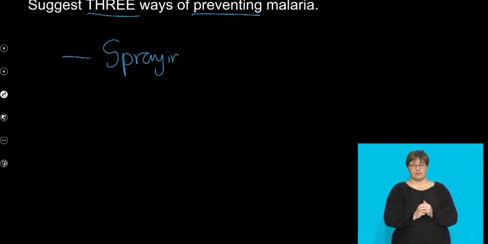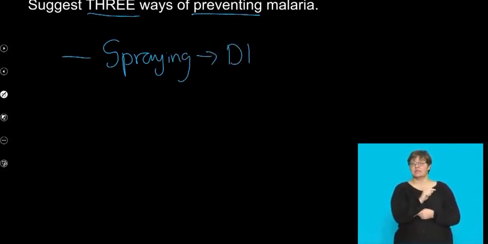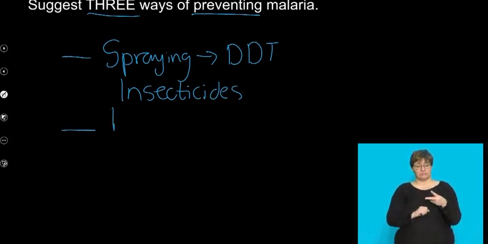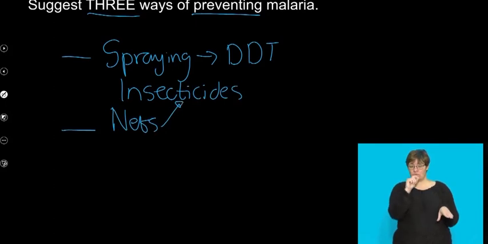And we use in our country DDT, or insecticides. Another way we can use is nets. And those mosquito nets have been sprayed with insecticides, so it kills the mosquitoes. Also, it prevents the mosquitoes from biting us.